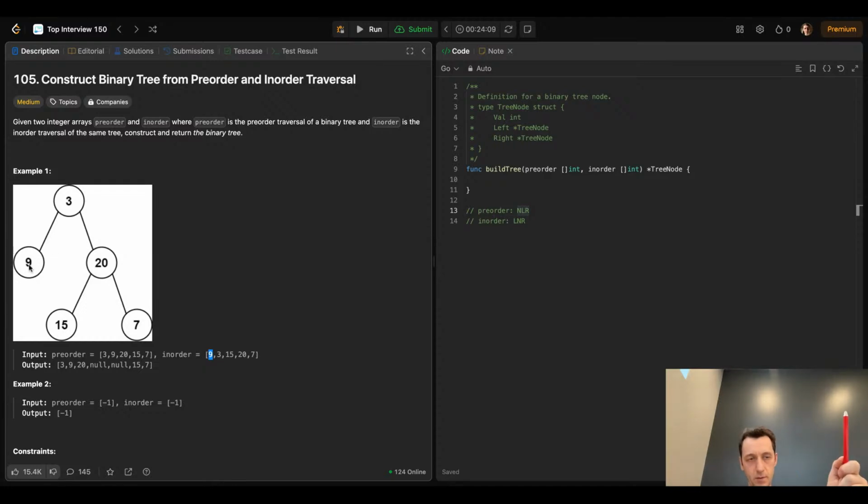It's the left child, it's root, it's the node, and it's right. And then it will go up. So that's what it does. That's how it works with each node.